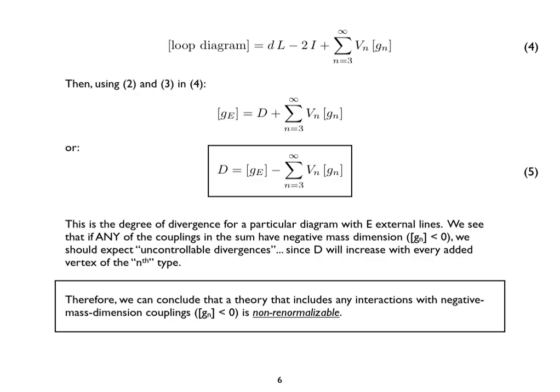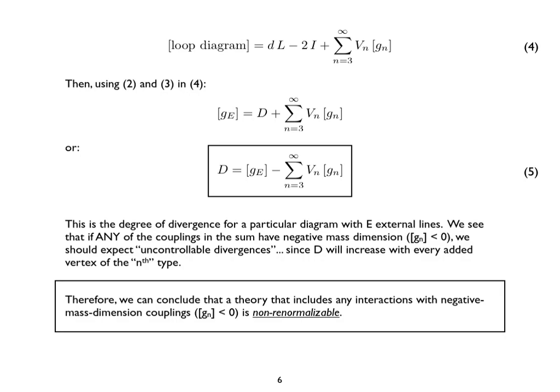All right, so then I can do a little bit of algebra. I know that those first two terms are just equivalent to big D, the superficial degree of divergence. Then taking D over to the other side, and g_E to the other side, I find that the degree of divergence for this particular vertex goes like the mass dimension of this coupling minus the sum over all the rest of the vertices.